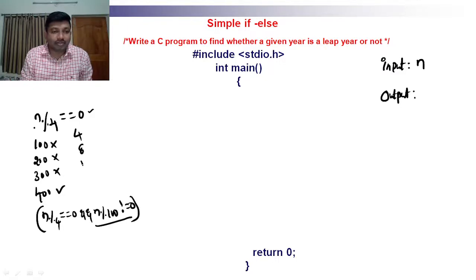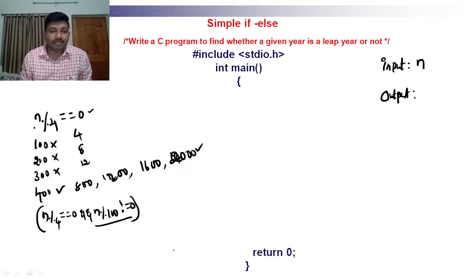8 is a leap year, 12 is a leap year, and so on. But 100 is not a leap year, so for 100 this case applies. However, for every 400 years the year comes as a leap year, meaning 800 is a leap year, 1200 is a leap year, 1600 is a leap year, 2000 is a leap year. So all these are leap years.